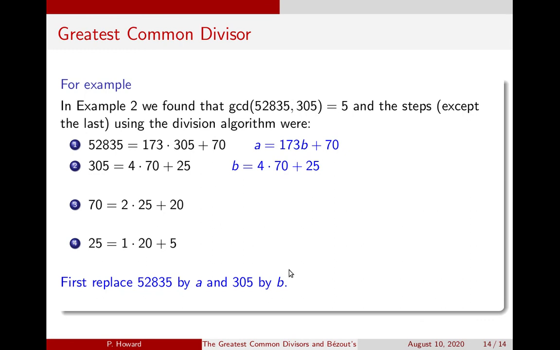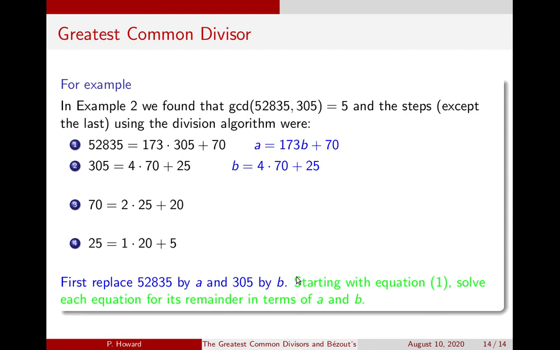And now here is a short description of what we're going to do. Starting with equation 1, right here, we're going to solve each equation for its remainder in terms of a and b. So let's start.